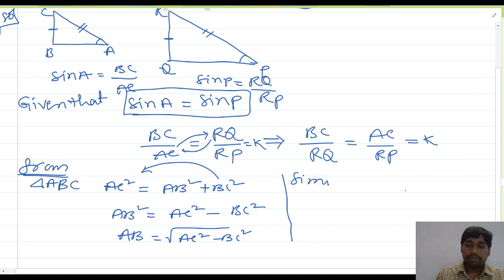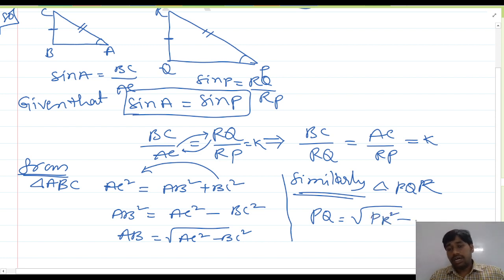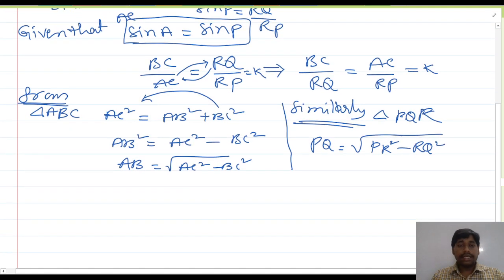Similarly, from triangle PQR, PQ is the square root of PR square minus RQ square, with PR as the hypotenuse. Then I want to divide these two, this is equation 1 and this is equation 2.